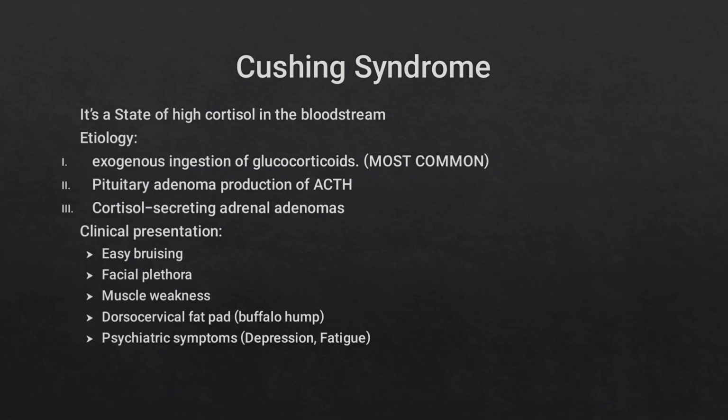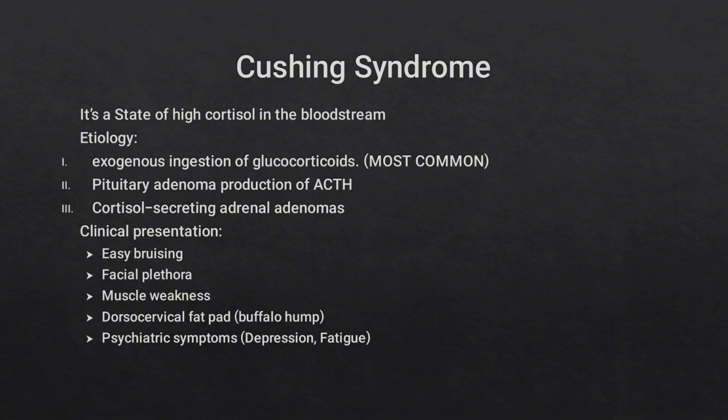Starting with Cushing syndrome. Actually, the term syndrome here is an umbrella for everything under Cushing. So if you say Cushing syndrome, that means Cushing syndrome because of the adrenal gland, and Cushing disease, which we discussed in the pituitary gland, is also under it. So it's a state of high cortisol in the bloodstream.